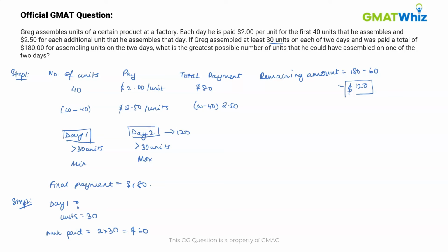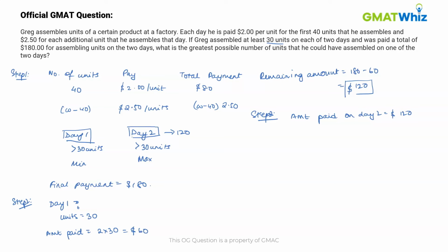Now using this value, we will calculate the number of units that he could have assembled on one of the 2 days in step 3. So the amount that he was paid on day 2 is equal to $120.